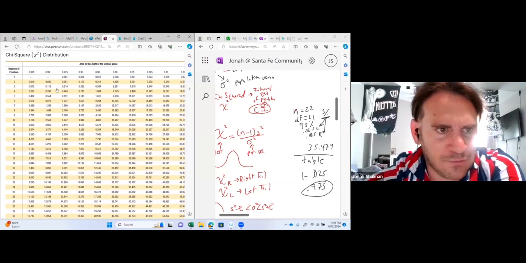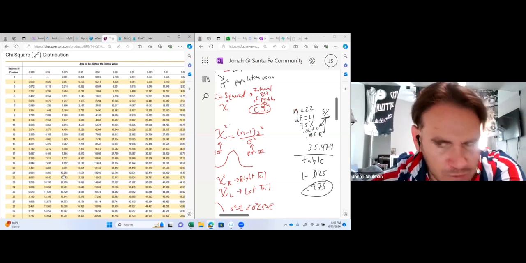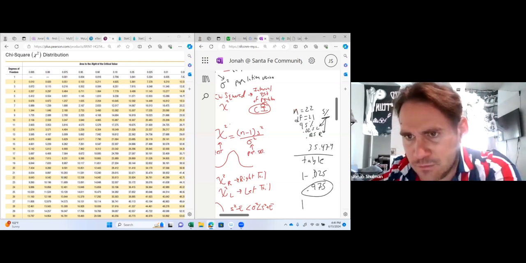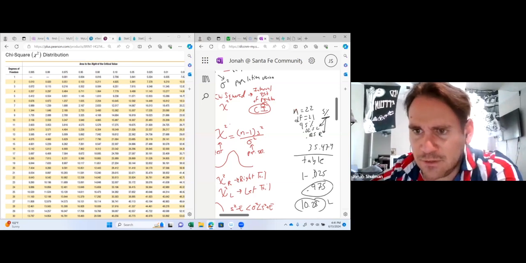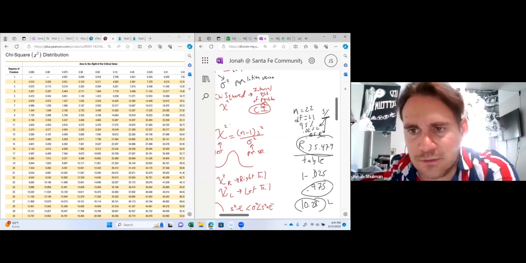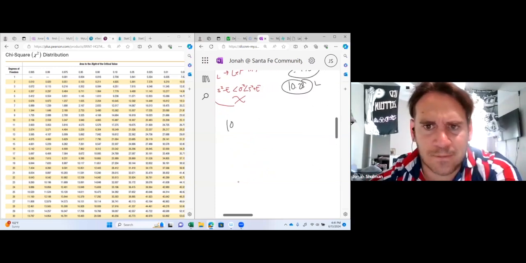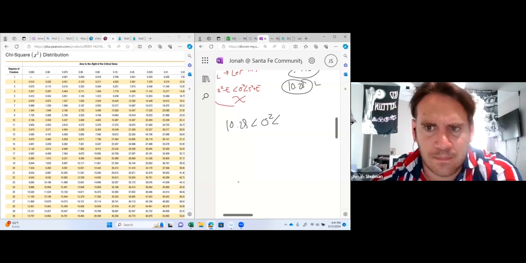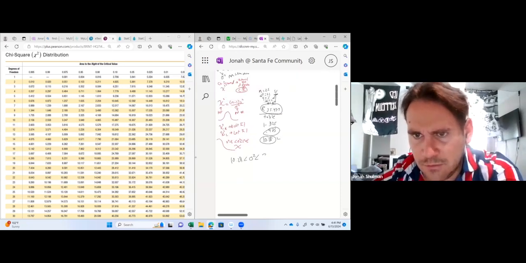So here's 0.975, and we just have to go down to 21. And there's the 10.28. This is on the left. This is to the right. How do they want us to write it? 35.479.